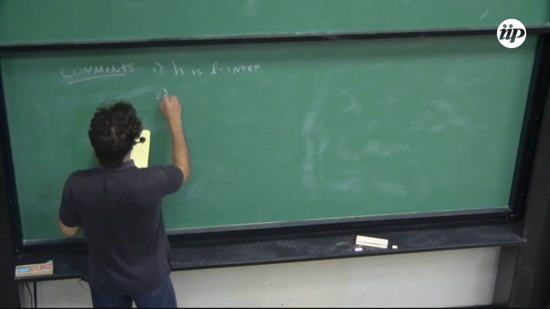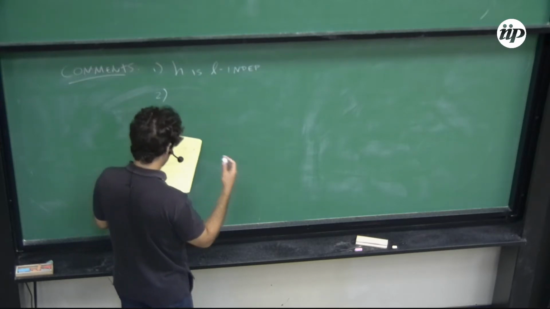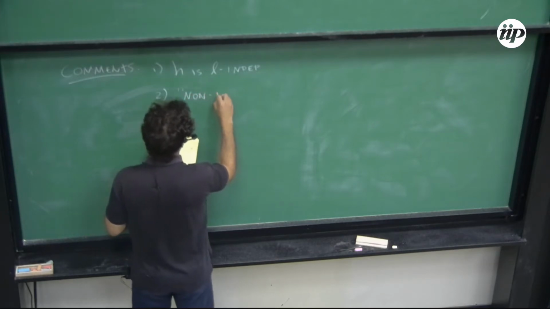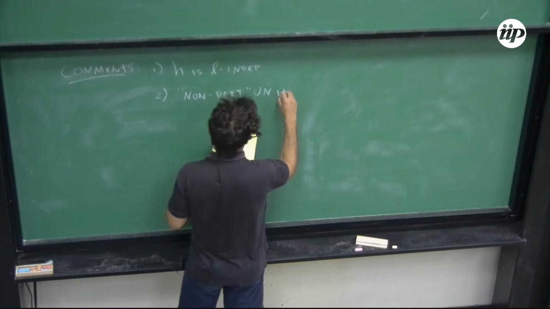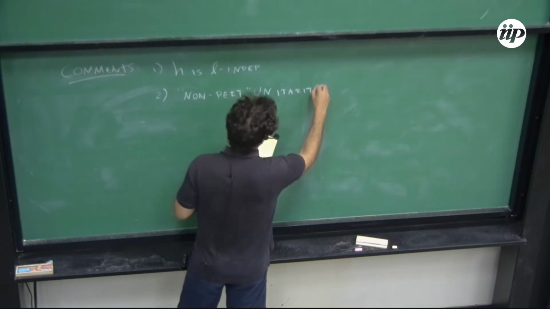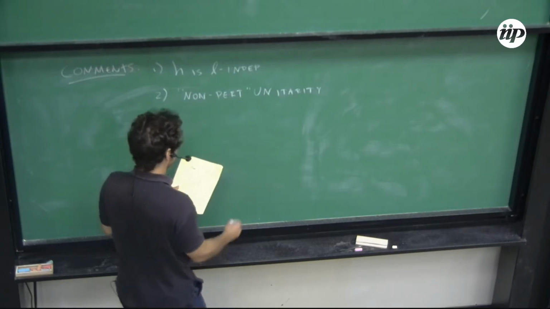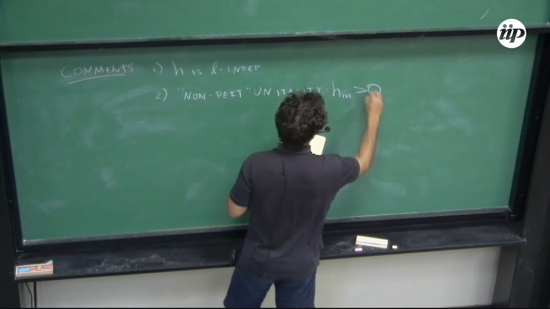That's the first comment. The second is that VMFT is not a good CFT. Well, we already talked about that. The third is that there's a form of non-perturbative unitarity encoded in this result, which is that this is always positive.